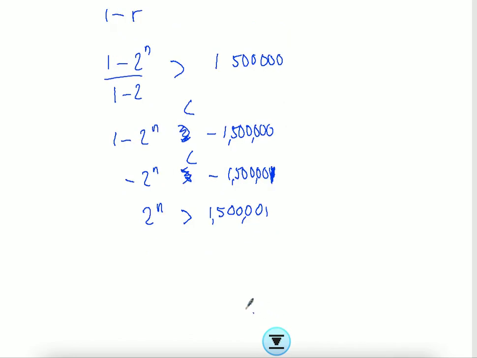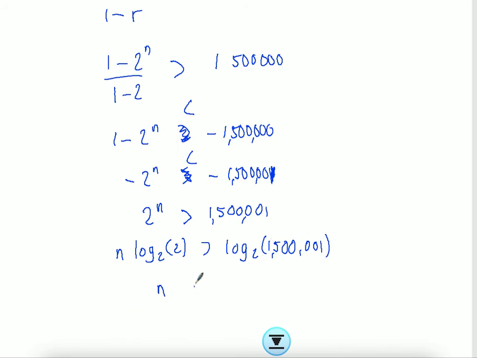The last job is I'm going to take logarithms. Actually I'm going to take log in base 2 in this example, because then I don't have to deal with anything on this side. So log base 2 of 2 to the n is greater than log in base 2 of that.